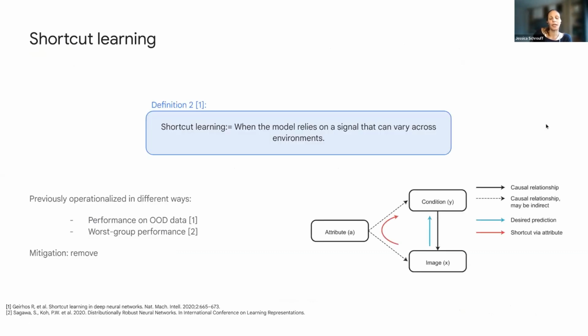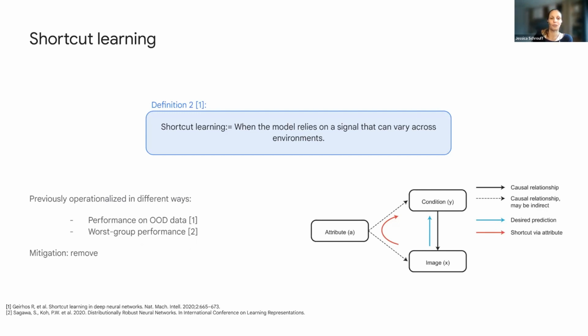So shortcut learning, if we take a high-level definition, is when the model relies on a signal that can vary across environments. In the robustness literature, this is mostly operationalized by looking at the performance of the model on OOD data, so out of distribution data, or looking at worst group performance. It's typically assumed that this correlation is spurious.